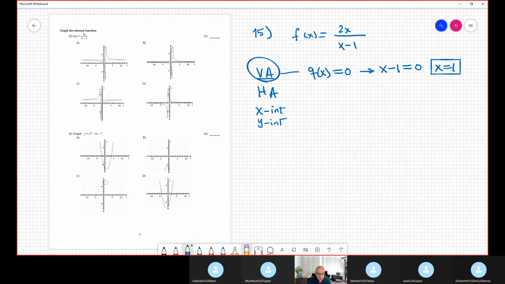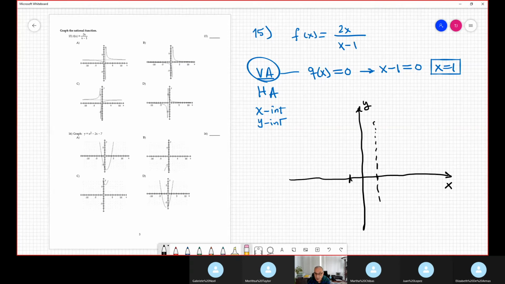Now we start doing a rough sketch by hand of x and y. We have a vertical asymptote at x equal 1. Bam, it's a vertical line passing through the point 1. So immediately in the multiple choice, I discard these two because they contain the vertical asymptote at -1 and not +1.